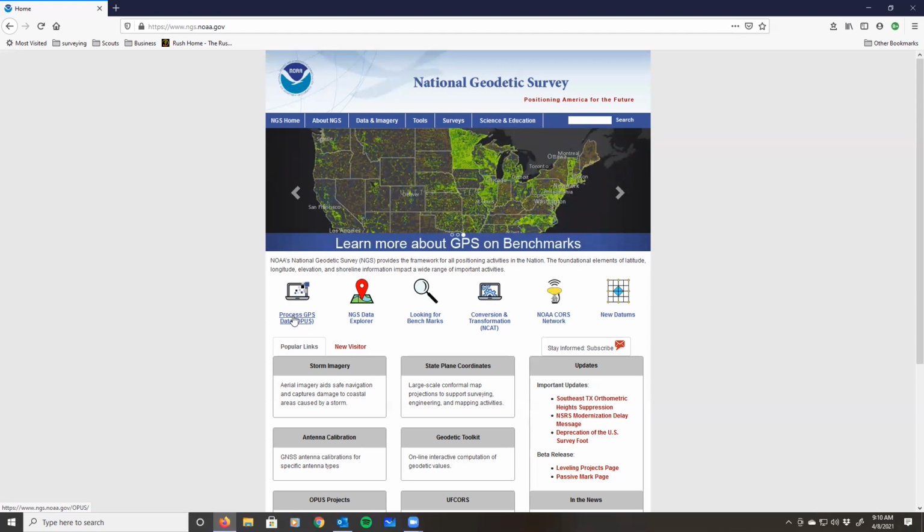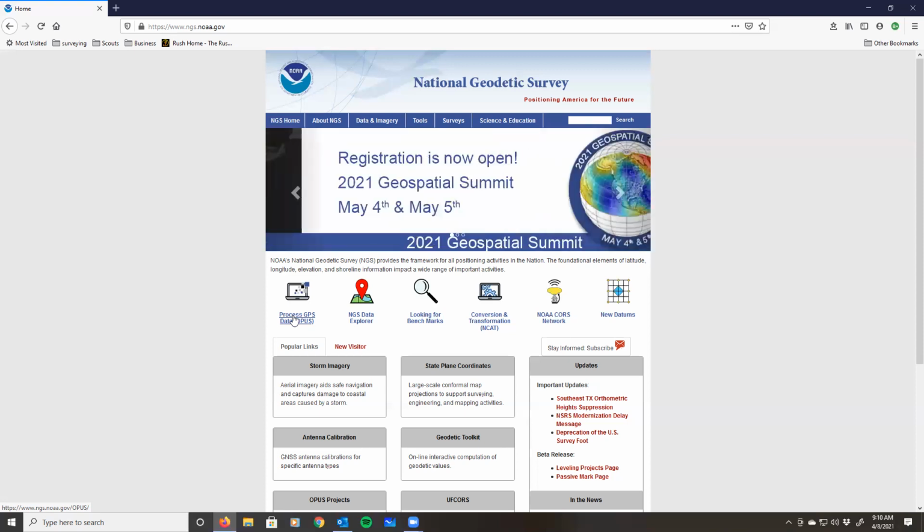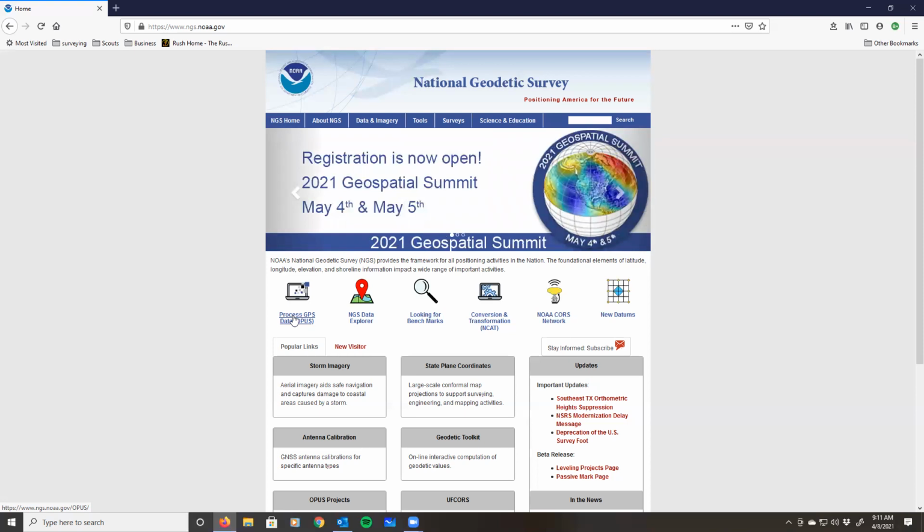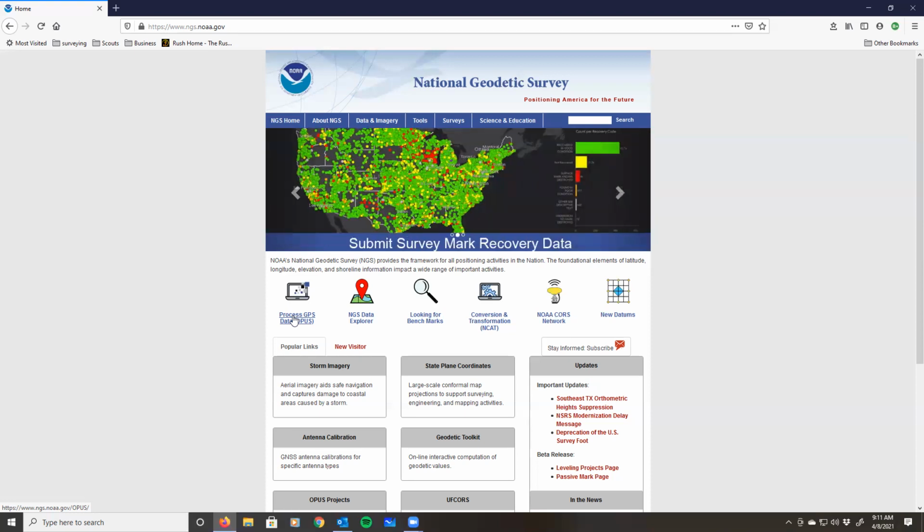I'll try to put together a video, or I'll put together something later, showing a CORS or a station collection, and what it looks like with the data sheet, or the report that's sent to you when you have completed that.